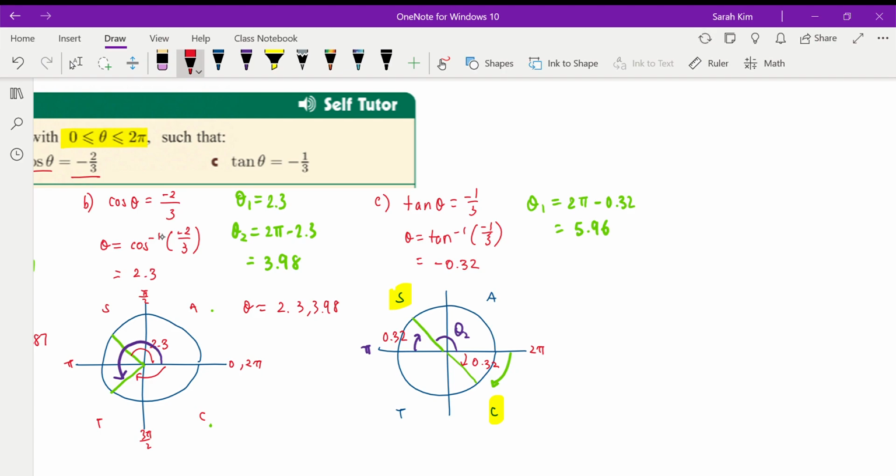So the second angle would just be pi, take away 0.32. Again, I just don't know how you would do this without drawing it. That gives 2.82. So therefore, my answer is going to be 2.82 and 5.96.